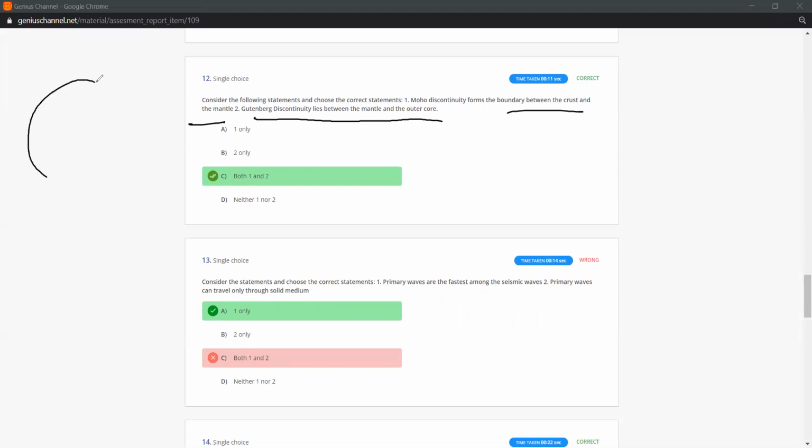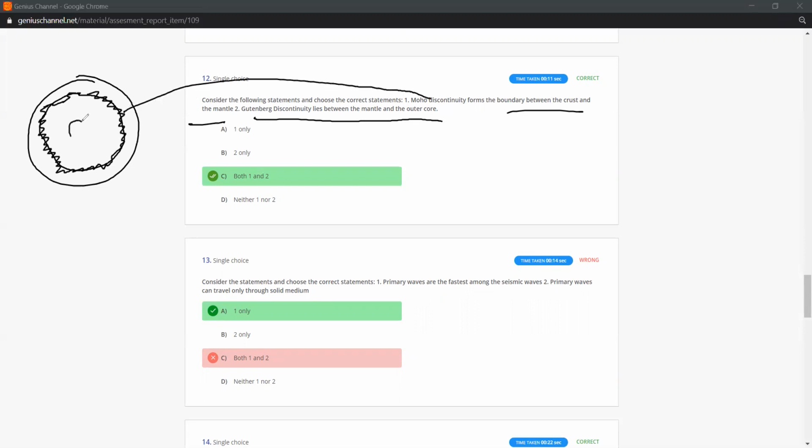For example, between the crust and the mantle there is a kind of boundary, and that is known by the name Moho. Likewise, between the core and the mantle is what is known as Gutenberg's discontinuity. Discontinuity means that when you travel from the crust to the mantle, the transition phase is known by the name discontinuity.